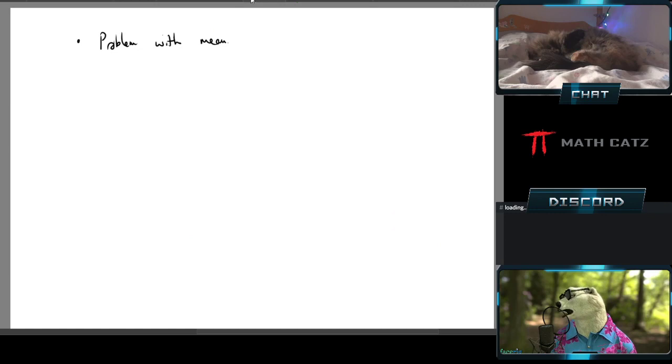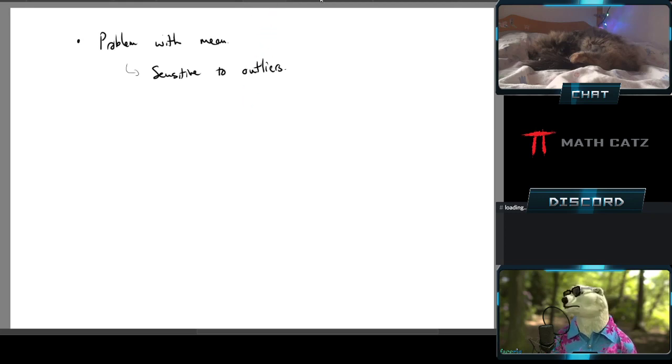So the problem with the mean is it's very sensitive to outliers. Those outliers in the calculation will pull it towards them when they kind of shouldn't.